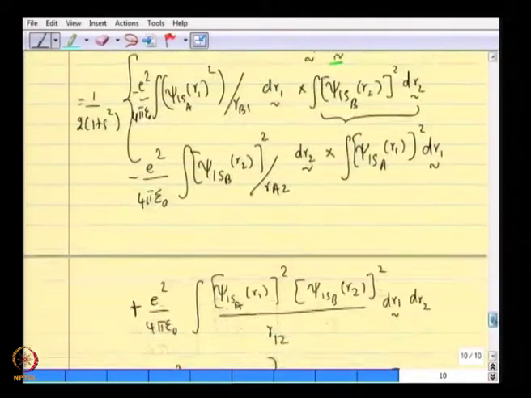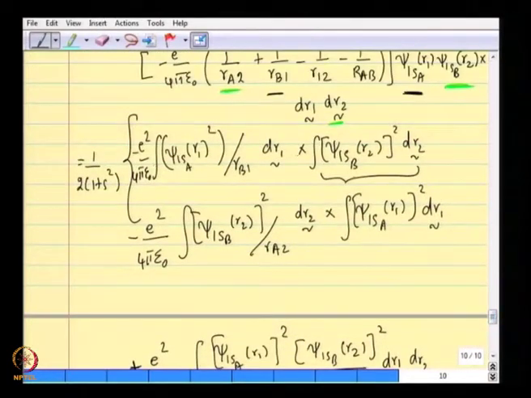The calculation of these two terms, the Coulombic integrals involving electron 1 at a distance from the second nucleus and electron 2 at a distance from the first nucleus, these two are exactly the same as the H2 plus molecular ion Coulomb integral calculation. Therefore, there is nothing new.